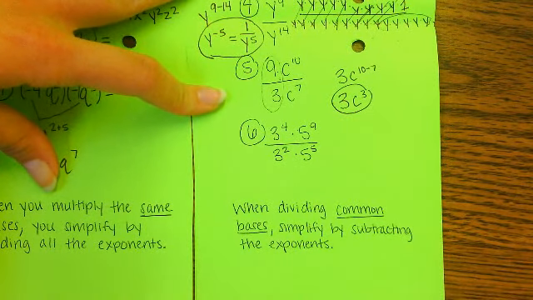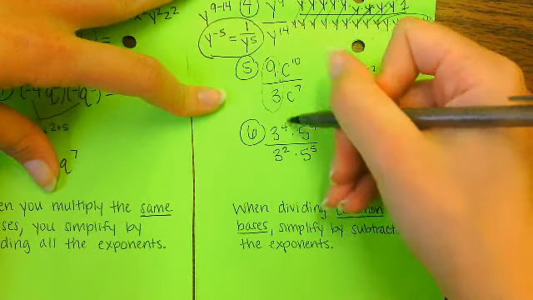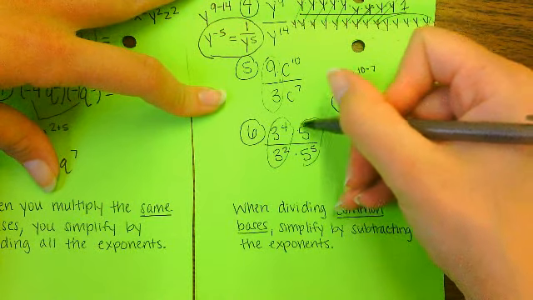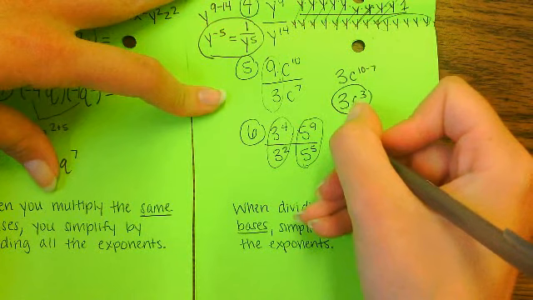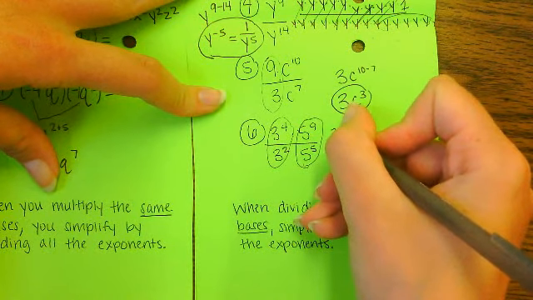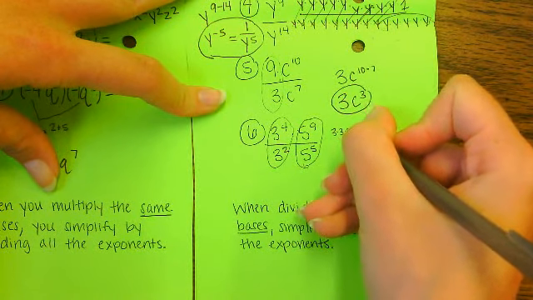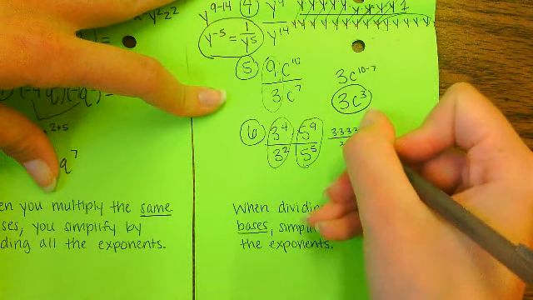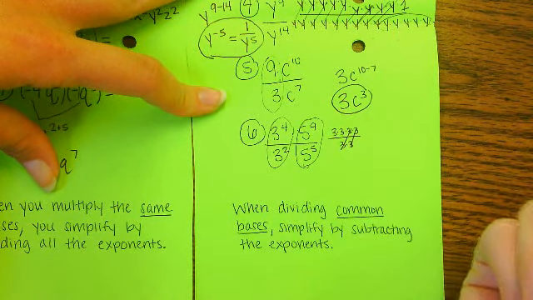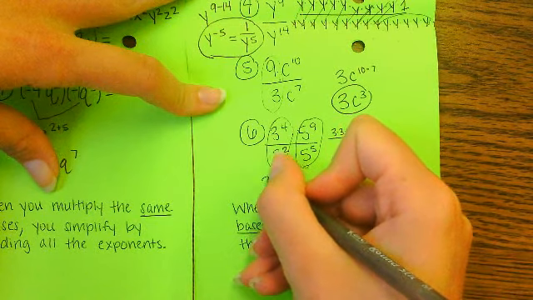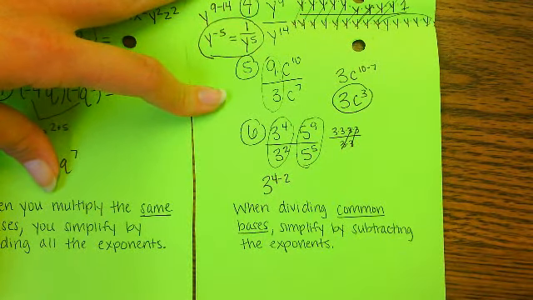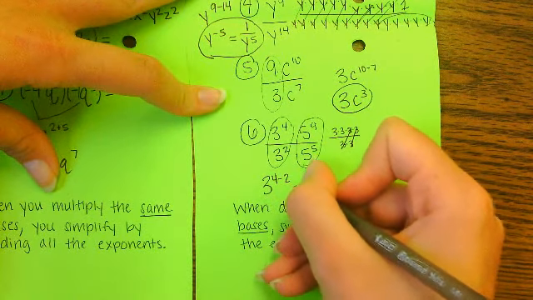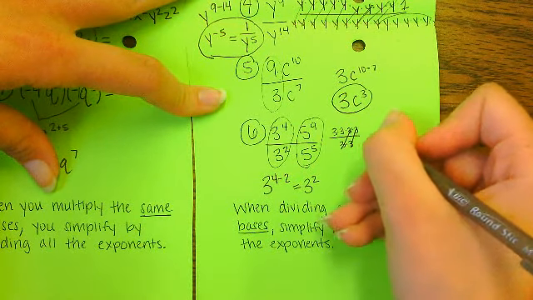Now this last one, these are common bases, and these are common bases. So I'm just going to look at the 3 part first. If I had 4 3's on top and 2 3's on the bottom, when those cancel out, I'm left with 3 squared. Does that make sense? Well, remember my quotient of powers rule says to subtract my exponents, and I do end up with 3 squared.